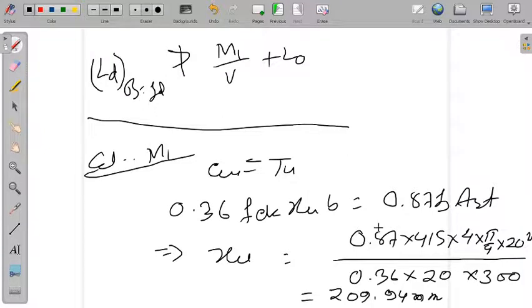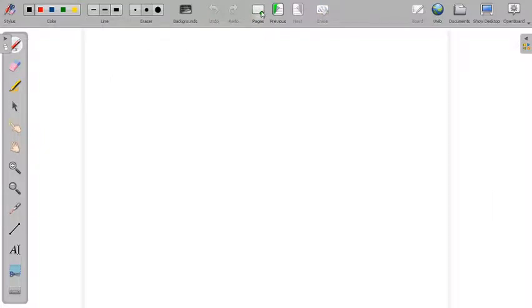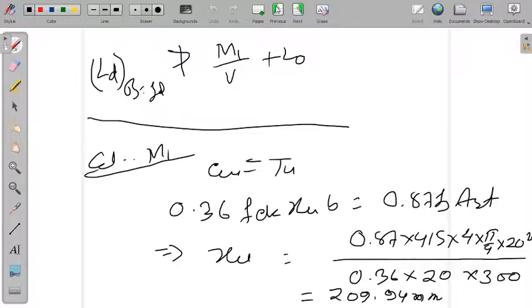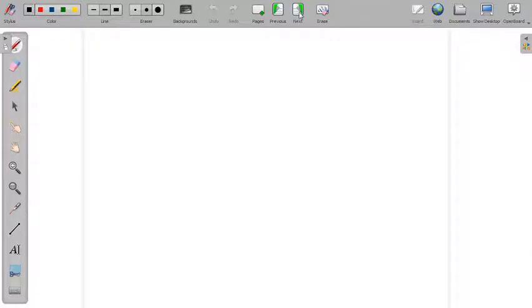Next, we have to find out the xu max. What we know is xu max by d is equal to 0.48 for Fe415 steel.